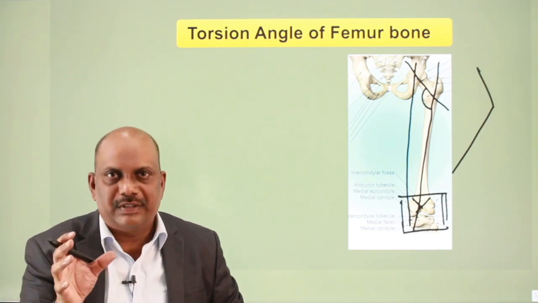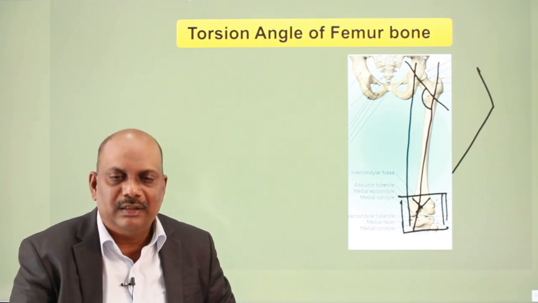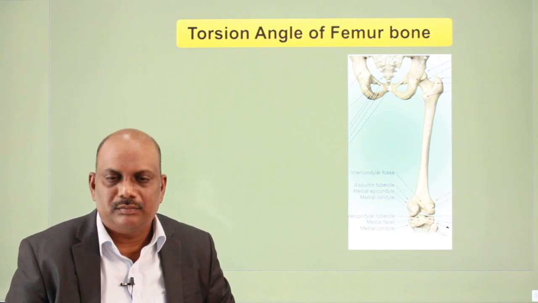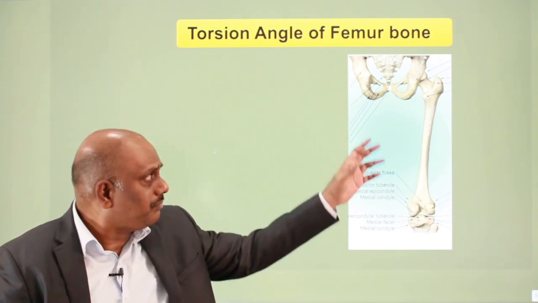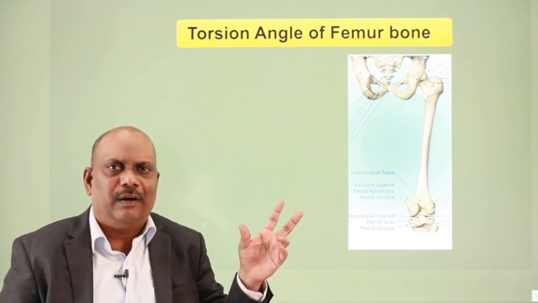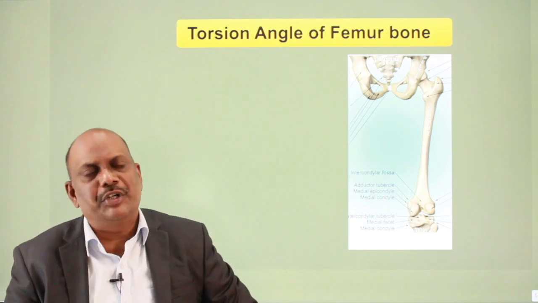But the torsion angle is present in the femur bone. So the presence of torsion angle is again an indication that Australopithecus had bipedal locomotion.